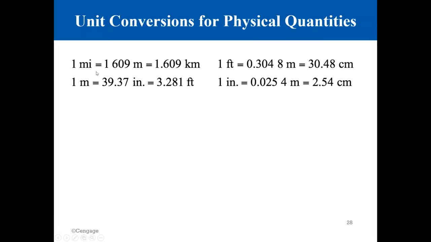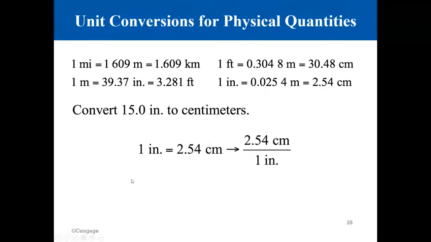Like 1 mile is equivalent to 1609 meters, which is 1.609 kilometers. 1 foot is 0.3048 meters, which is the same as 30.48 centimeters. 1 inch is 2.54 centimeters. 1 meter is 3.28 feet. We will need this kind of factors when we solve problems to convert from one system to another.